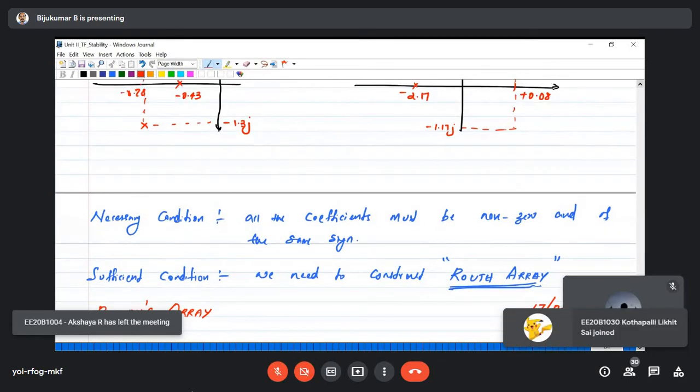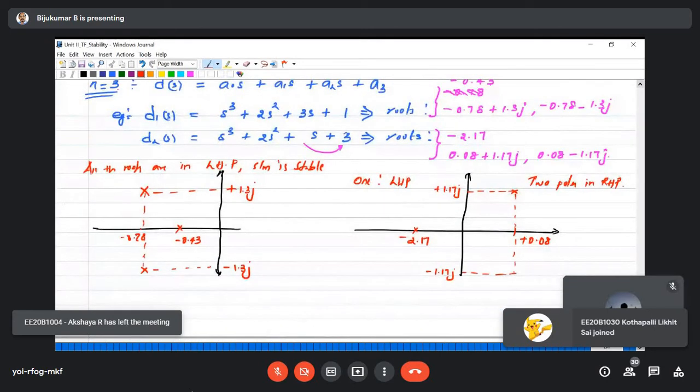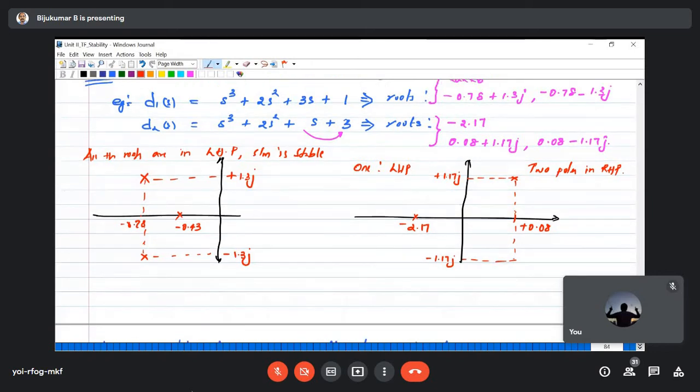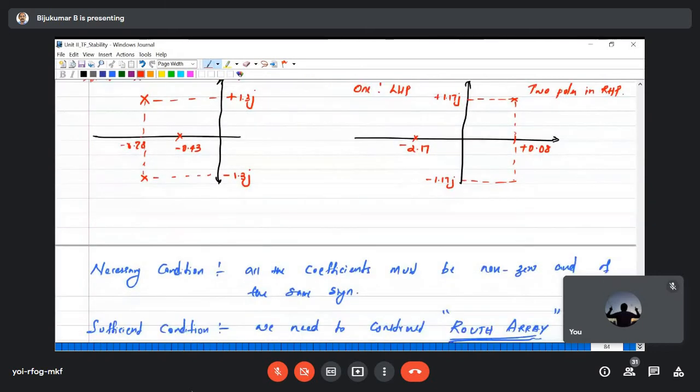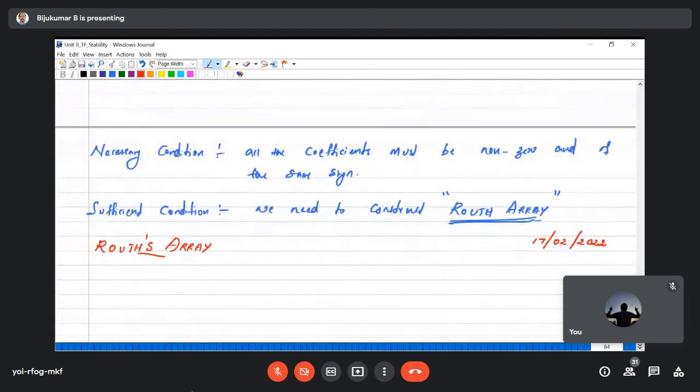Because in these two examples, for D1 and D2, all the coefficients are non-zero and the signs are also the same. But it is observed that for the second case, two poles are lying in the RHP. So the conclusion is that the condition is not a sufficient condition. It is only a necessary condition to check the stability of the system using the characteristic polynomial.